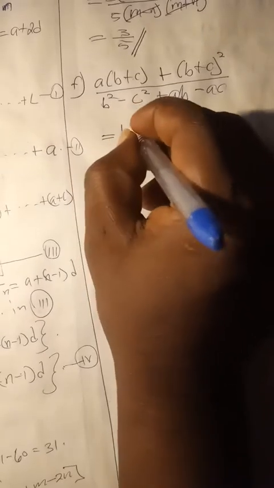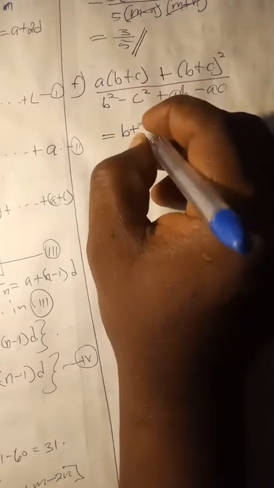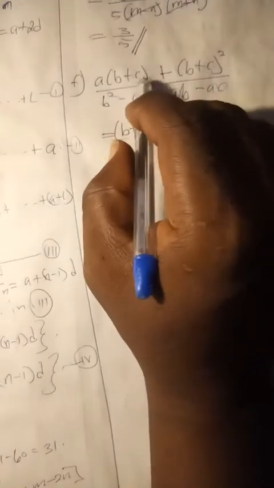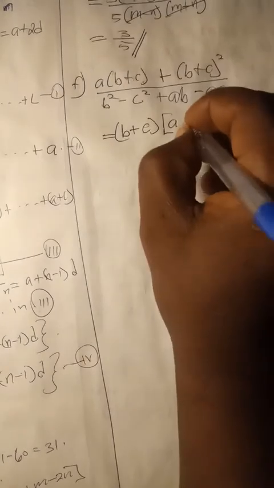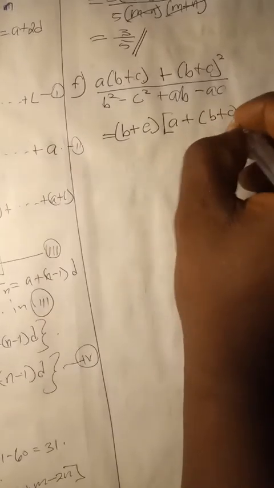So I can do a factorization here. See what I'm going to do, b plus c. I don't have to do any other thing but this. B plus c is a factor to both. Okay, then I'll do like this. See, I've taken b plus c outside the bracket to give me a is left here plus, then I have b plus c here.